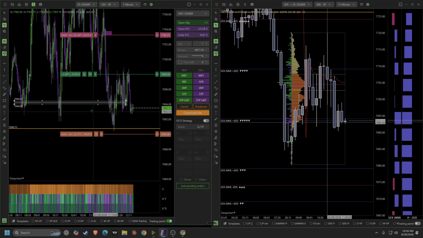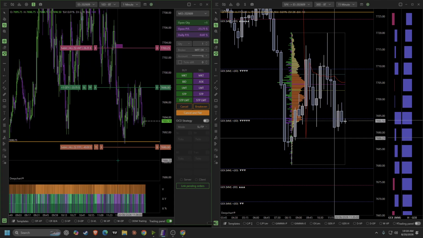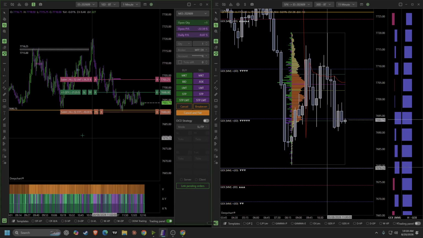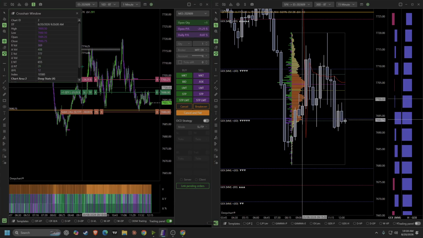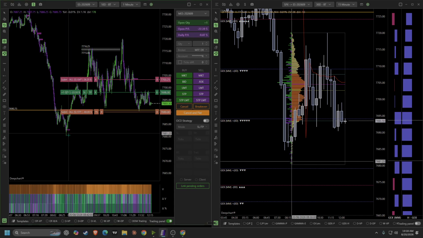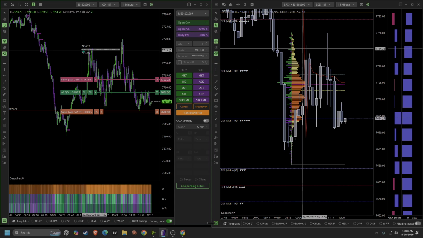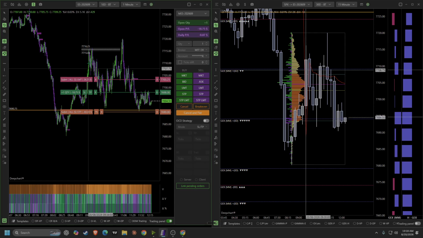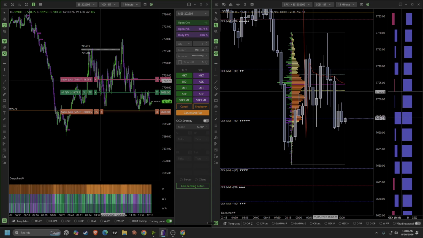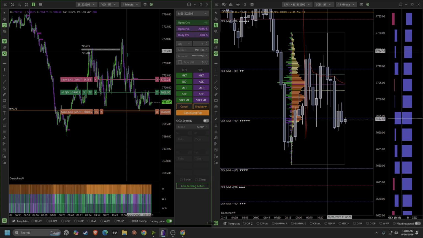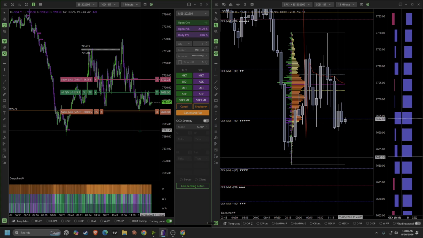Now, this is ES. You can say we've been pretty much range bound since about 9:20. So we rode up, dropped down, broke the low, came up, broke the high, came back down, broke the low.